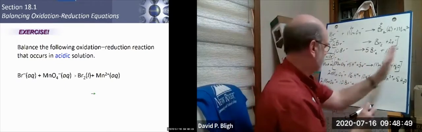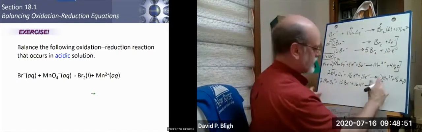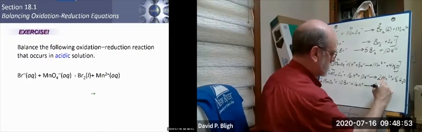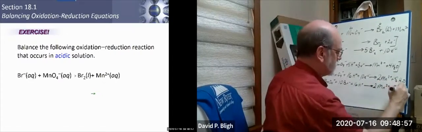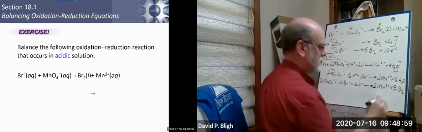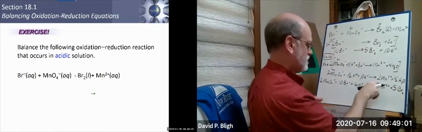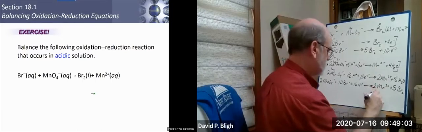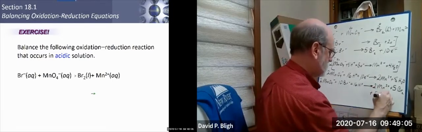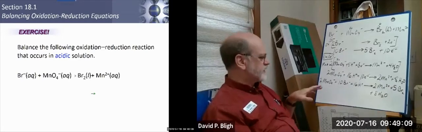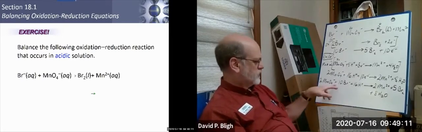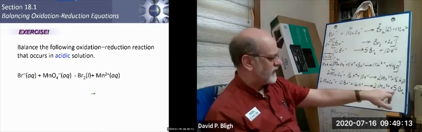Now it's this side. Let's put the manganese first. Okay. Then the 5 bromine. Then 8 waters. Okay. So let's see. Can we reduce this any further? 2, 10, 16, 2, 5.